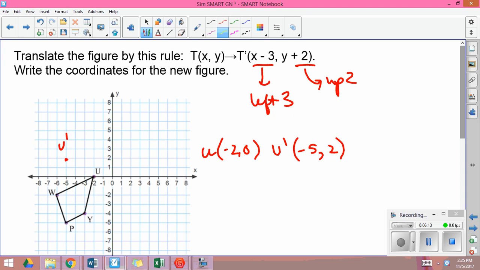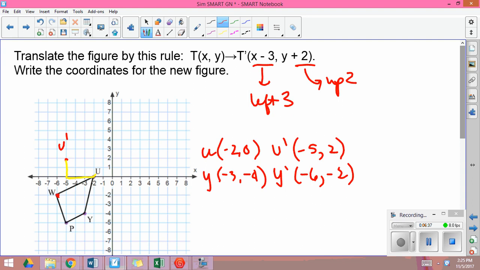And you can see that we took this point and we went left 3 units and up 2. And so then it's just a matter of going through y is at -3, -4. Y prime will be -3 minus 3 is going to go to -6. -4 plus 2, -2. -6, -2.